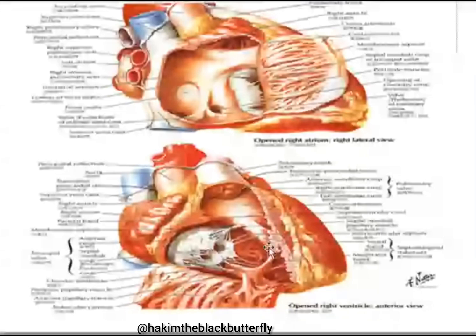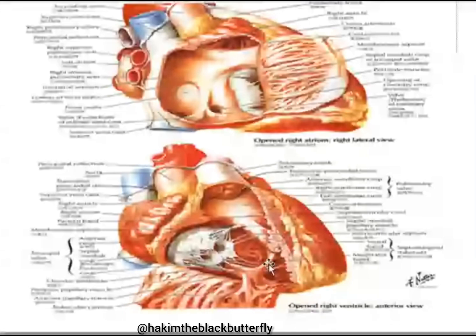This muscle, cardiac muscle, comes from the interventricular septum and attaches to the base of the anterior papillary muscle. You can see it there. It is the muscle attached to the anterior wall of the right ventricle.